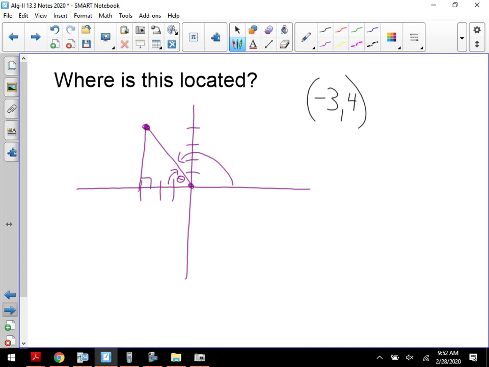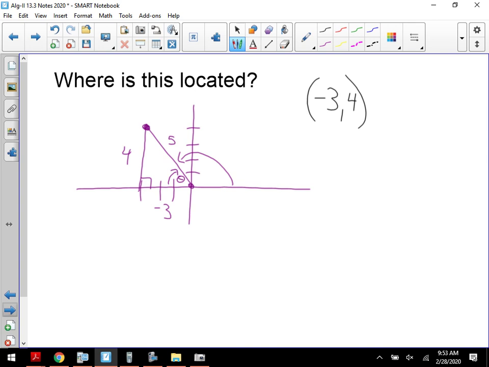What's my opposite? A 4. What's my adjacent? -3. What's my hypotenuse? 5. Very good. We just used Pythagorean theorem to get that, didn't we?